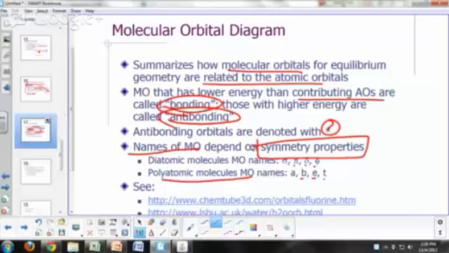So let me show you an example of a molecular orbital diagram. This one right here for fluorine, on ChemTube 3D. Just search for ChemTube 3D.